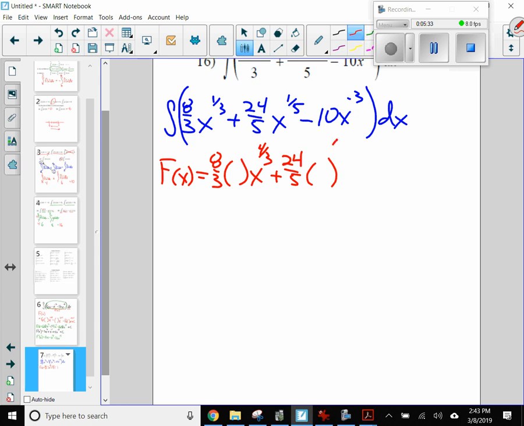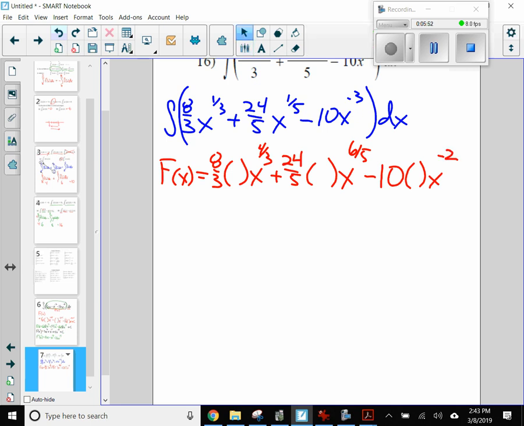That would be x to the 6/5. Oops, I better put in my x, shouldn't I? x to the 6/5. And then minus 10 placeholder x to the -2, adding 1 to -3.